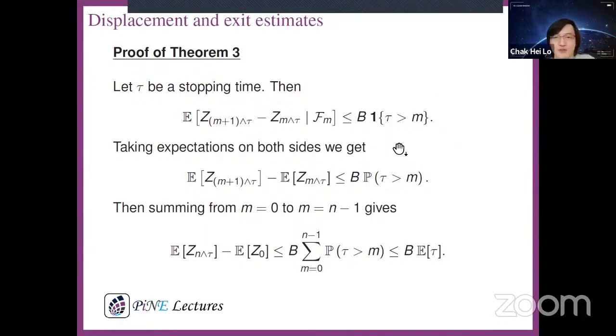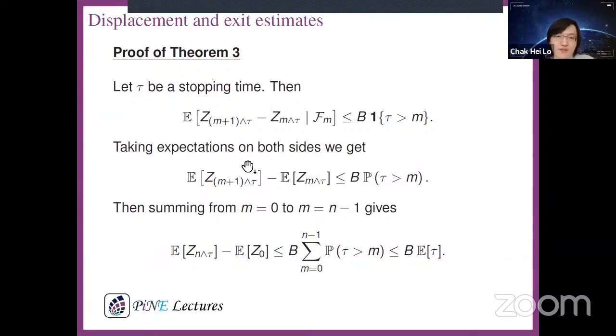So after we have this line, we take expectation on both sides. We take the expectation, the conditioning on F m is gone, and the indicator function becomes a probability. Then we do a telescoping sum from m equals 0 to m equals n minus 1. Then you see when we add up the left-hand side, all the middle terms cancel.